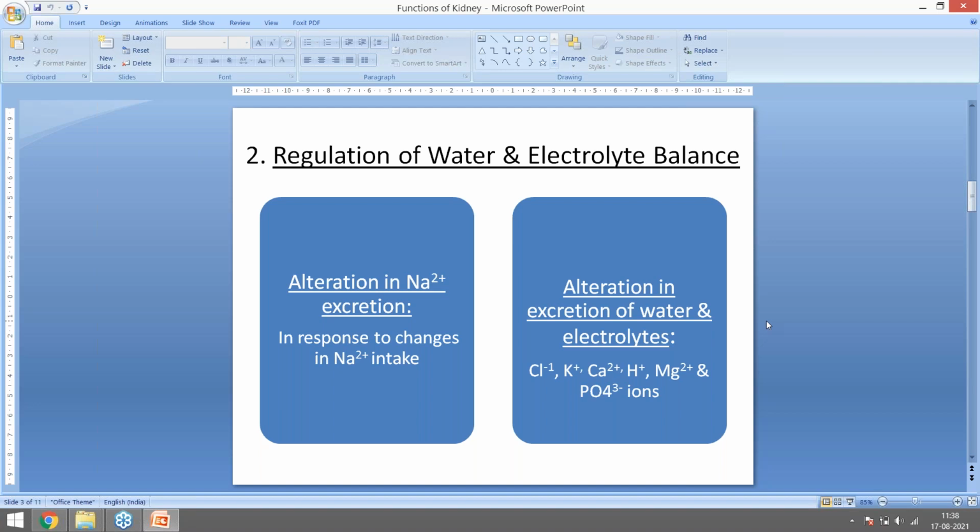Okay, and similarly, again, it has an ability to alter its function of being able to excrete water and electrolytes, and this also depends on the kind of intake a person has done. And what are these electrolytes that I'm talking about? Mainly chloride, potassium, calcium, hydrogen, magnesium, and phosphate ions.